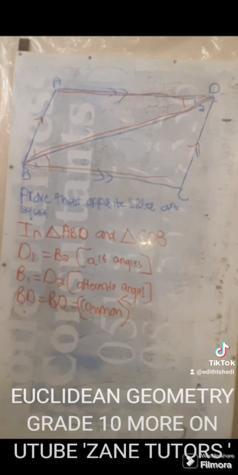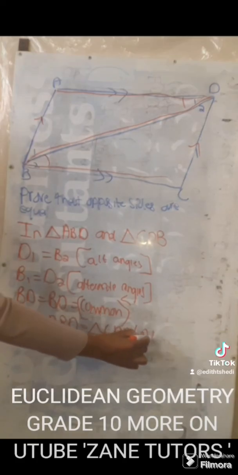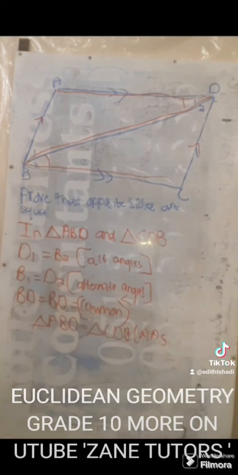And then here you will say, therefore, triangle ABD is congruent to triangle CDB, and that's AAS.